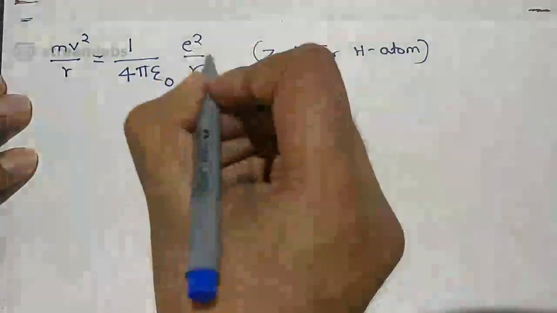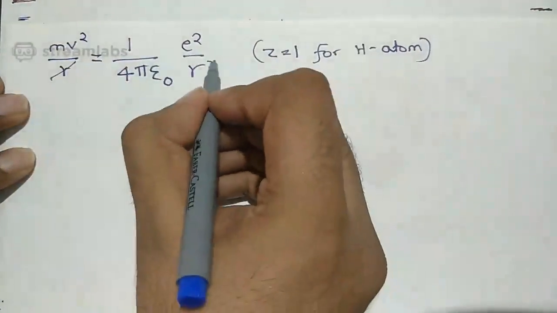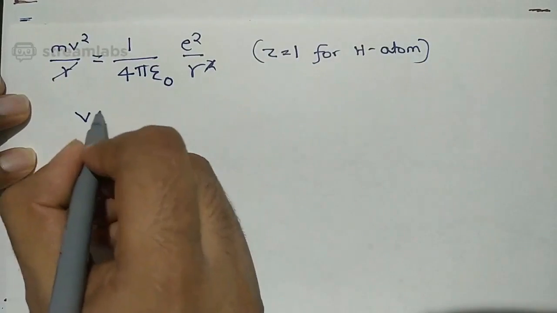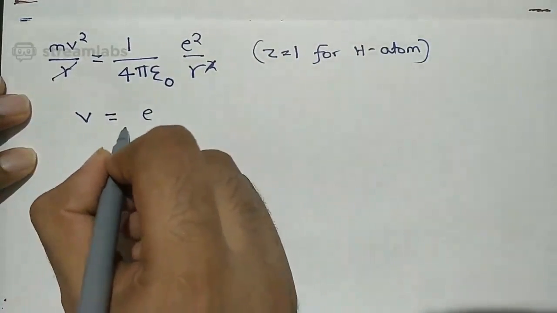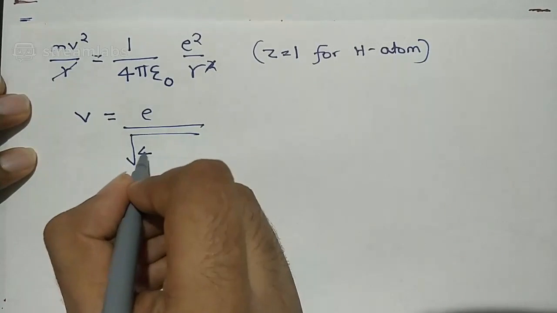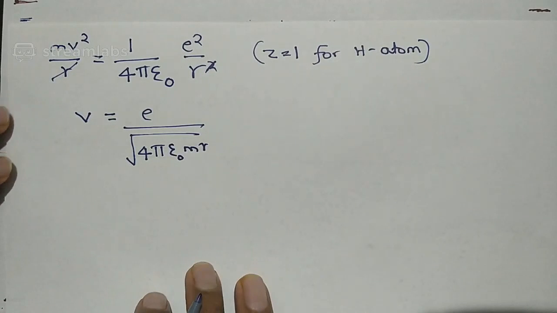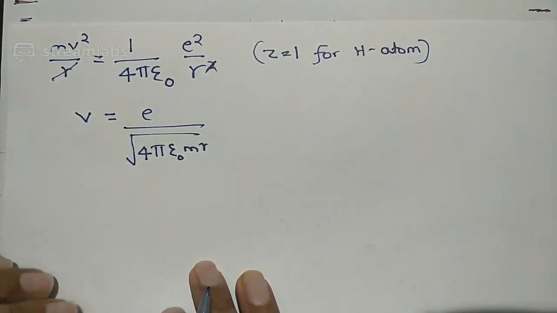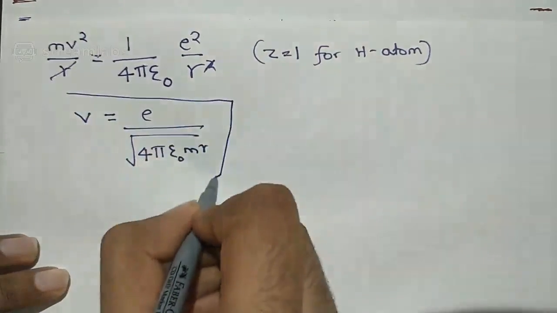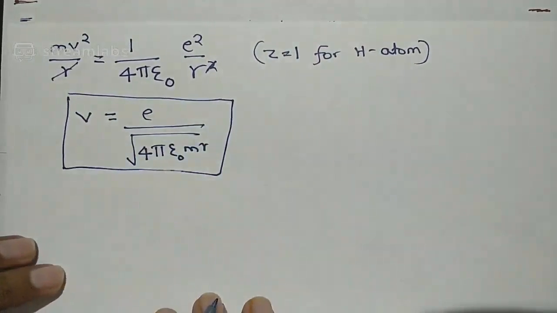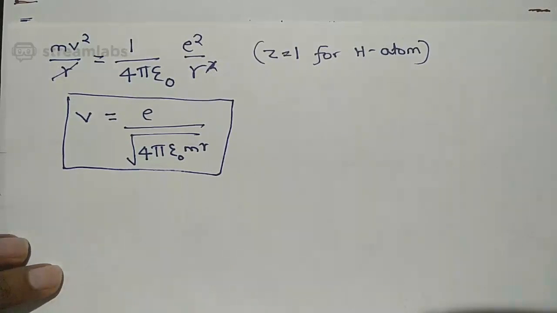So 1 r will cancel. What is velocity? Velocity is e by root of 4 pi epsilon naught into m. This is the expression for velocity of the electron in the nth orbit of the hydrogen atom. A similar expression we got in the case of the Rutherford model also.